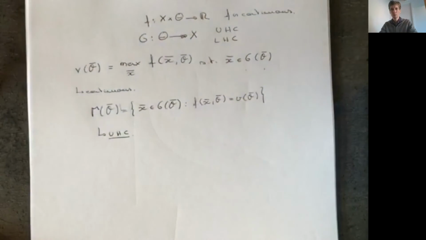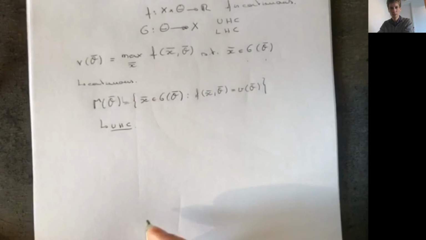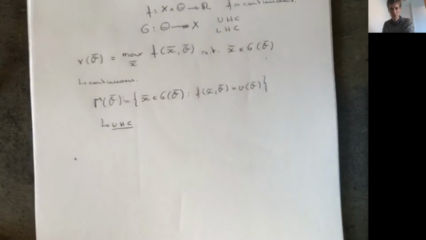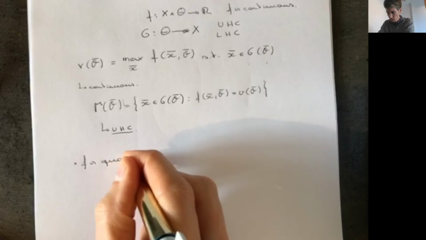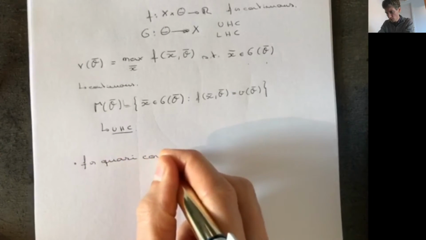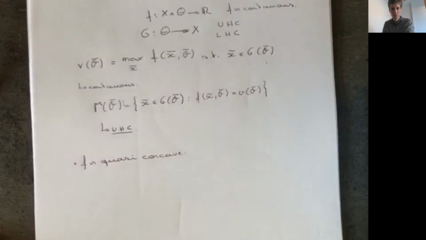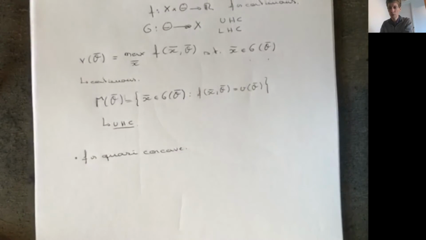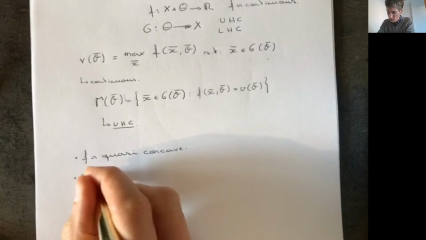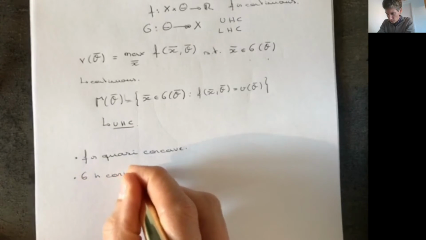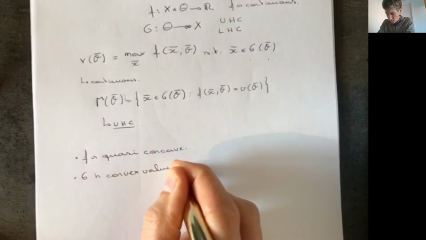So now we're going to impose some convexity and concavity restrictions, and you will see how this impacts this result. So what are we going to assume? We're going to assume in addition that f is quasi-concave, right? So for example, it's a utility function. We have seen that normally utility functions are quasi-concave. And then we're going to assume that G is convex valued, right?